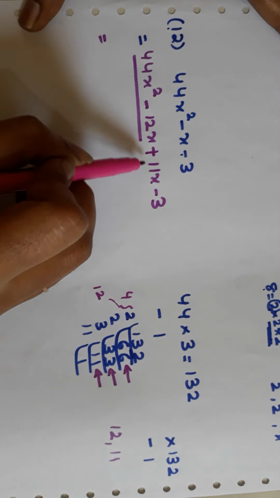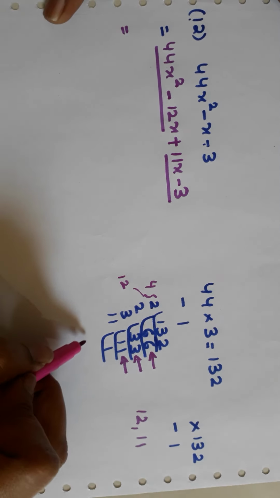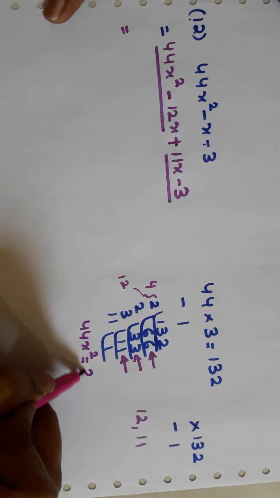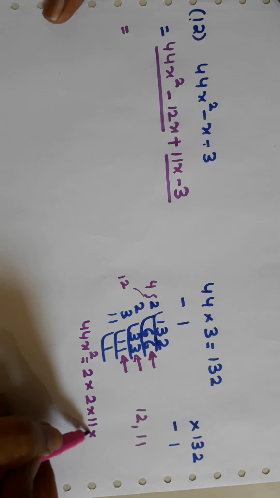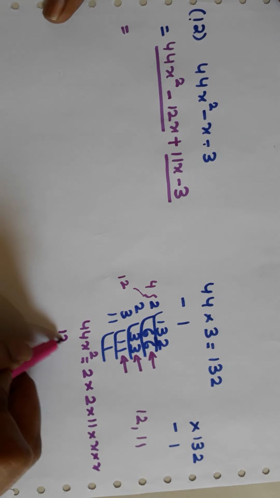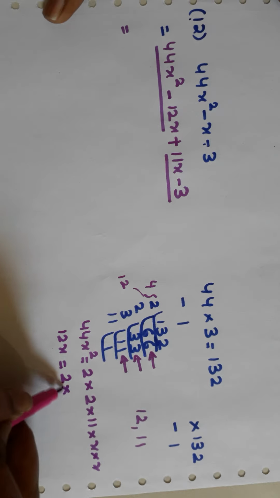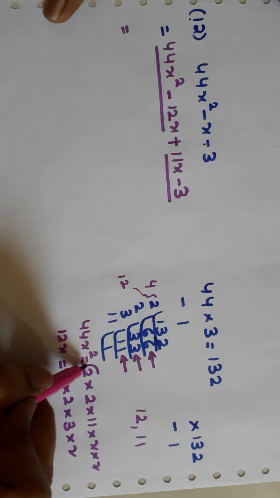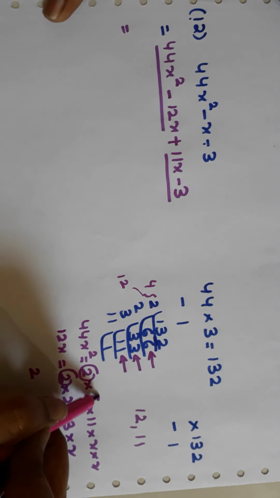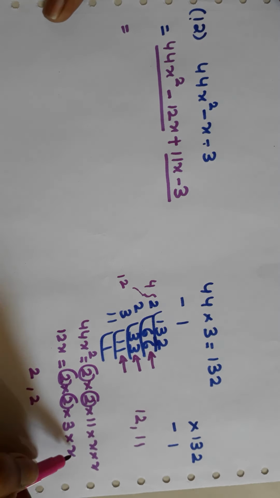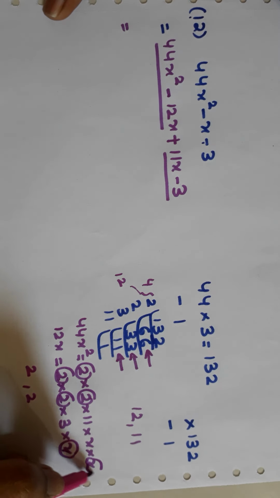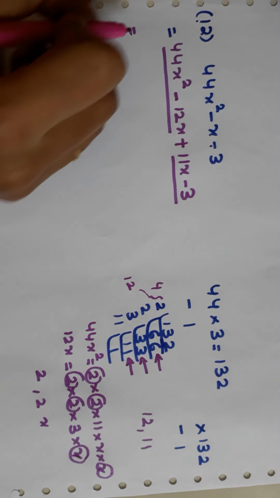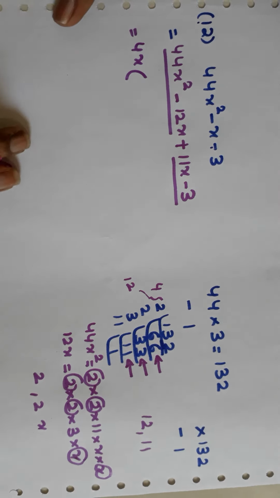Pair up the first two terms and the last two terms. 44x square is 2 into 2 into 11 into x into x. 12x is 2 into 2 into 3 into x. 2 is common, again 2 is common, and x is common. So that means the common term is 2 into 2, that is 4, into x is 4x. Take 4x common.